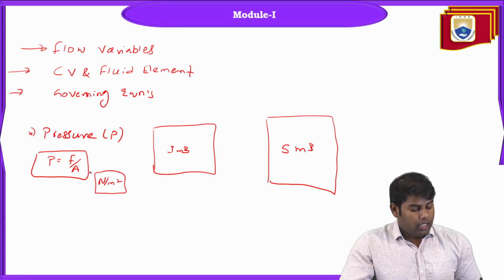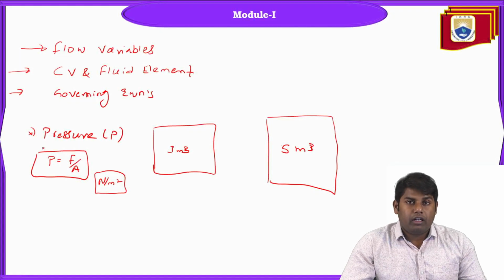So we can say pressure for less area is high, and pressure for more area is low. But pressure is an intensive property, so it does not depend on any quantities, irrespective of the shape or the size of the system.